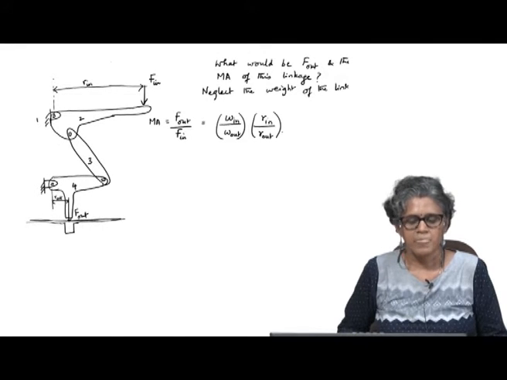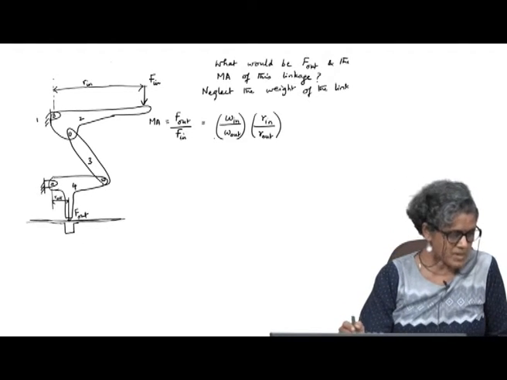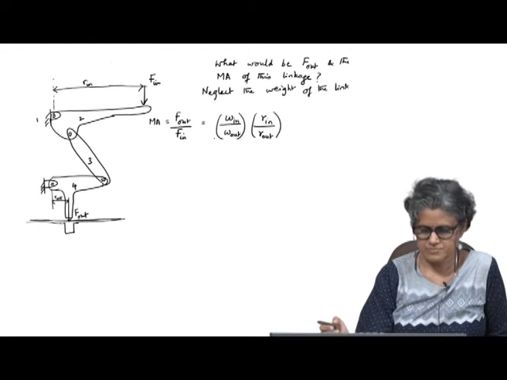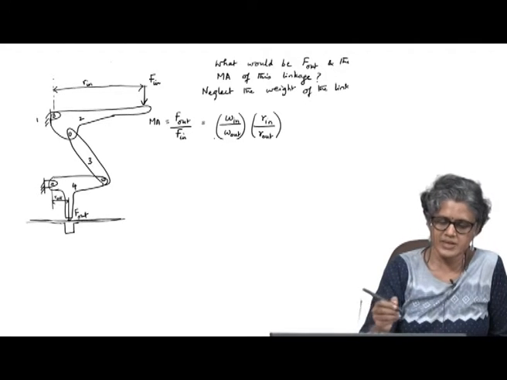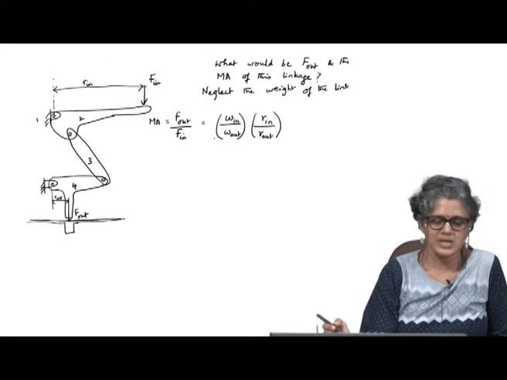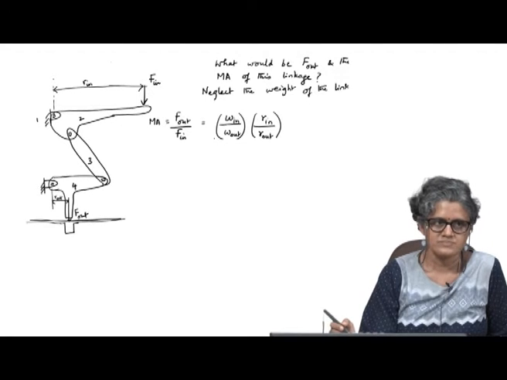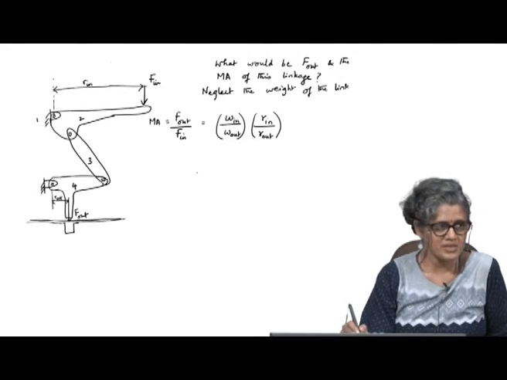Okay. Now, what is omega in by omega out? How can I find that? Any ideas? I can do a velocity analysis, or I can just find the instant centers.